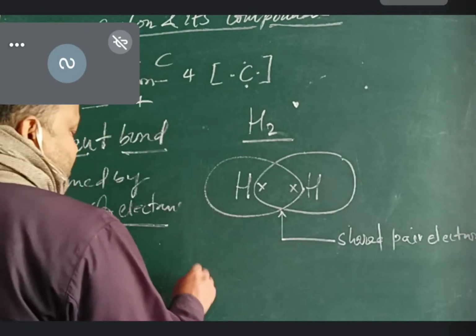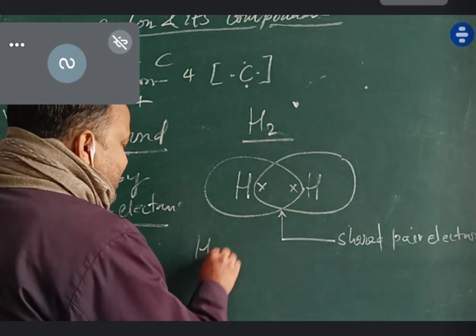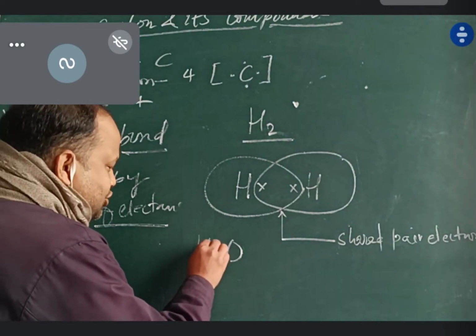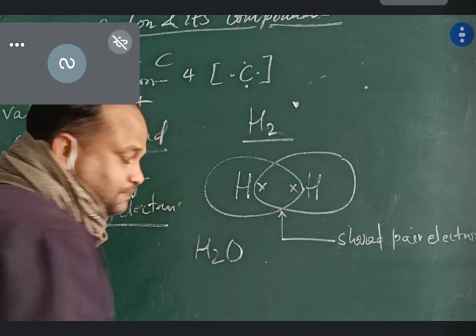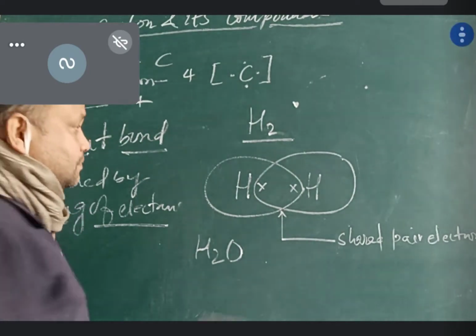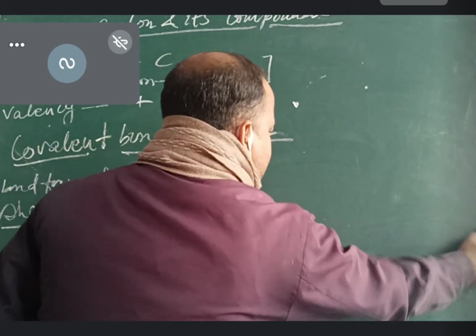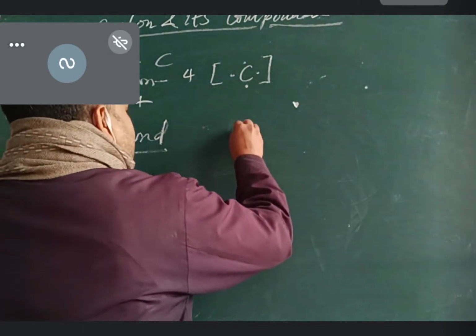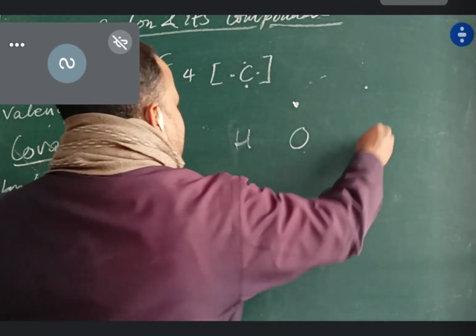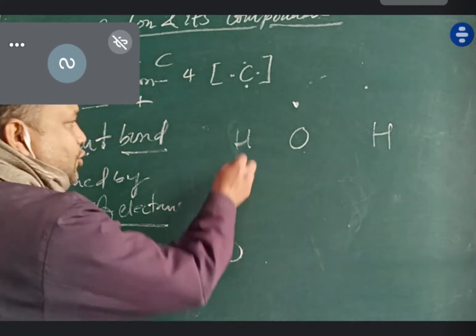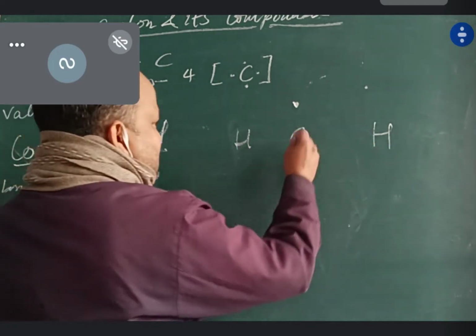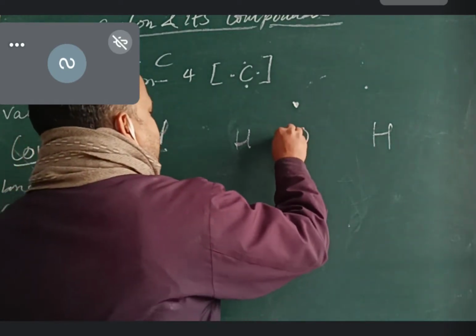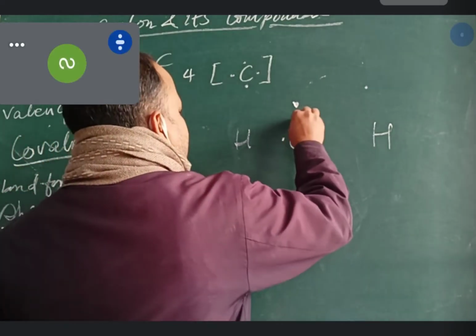Now, if you form H2O, the atoms are hydrogen, oxygen, hydrogen. Two atoms of hydrogen, one this side, one this side. What is the number of valence electrons of oxygen? 6.